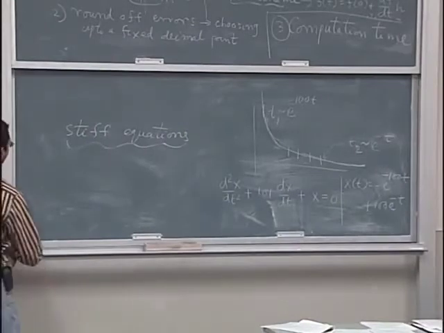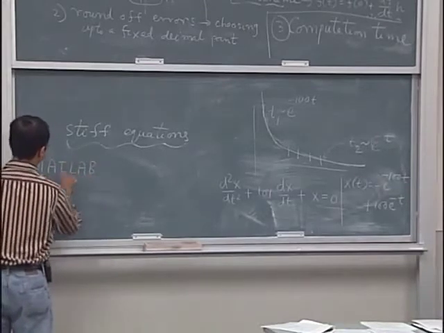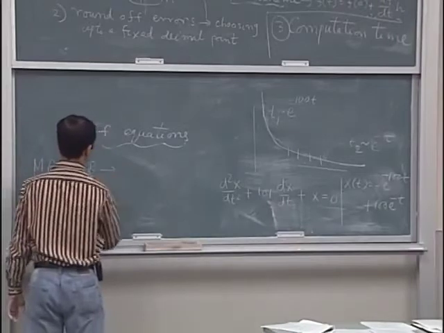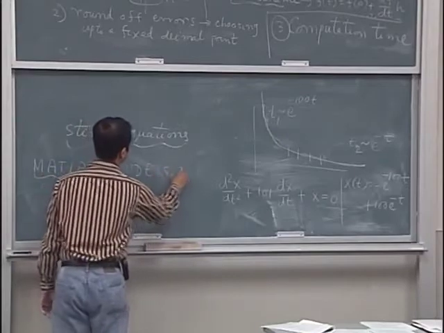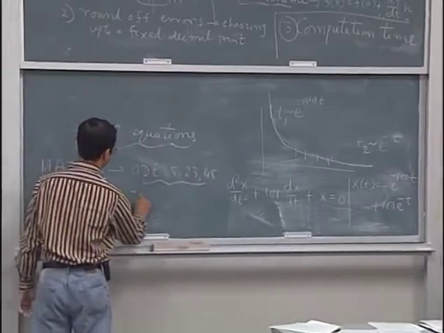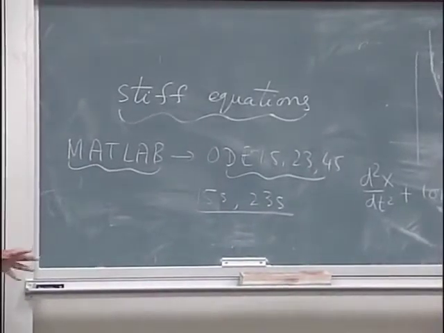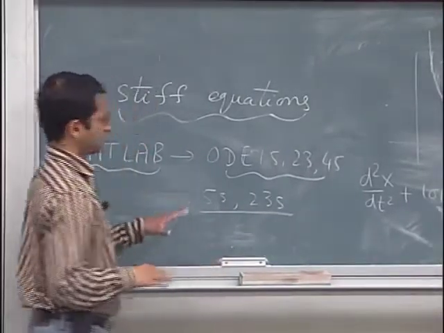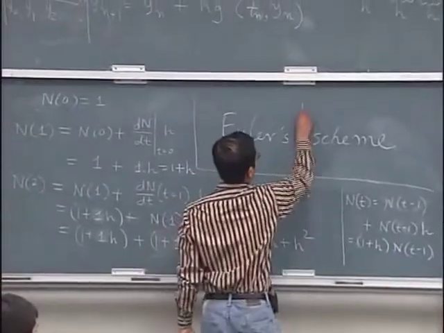And in MATLAB, you'll see several routines: ODE15, 23, 45, and also you'll see 15S, 23S. So the next lecture I'm mostly going to devote to MATLAB, and I'm going to show you a few simple examples. One thing you can try if you get a chance before Wednesday's lecture: remember the receptor plus ligand binding equation I wrote?